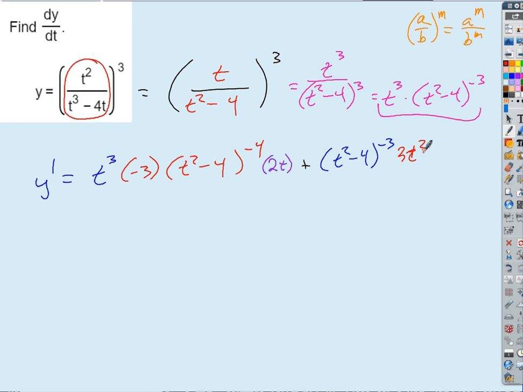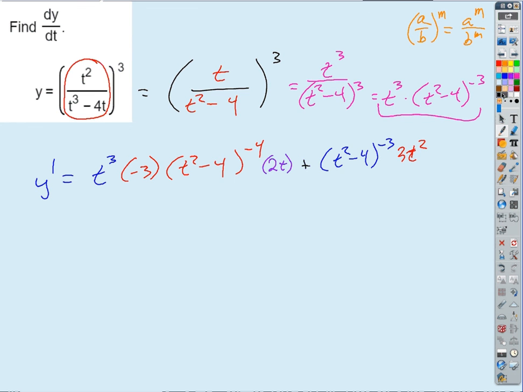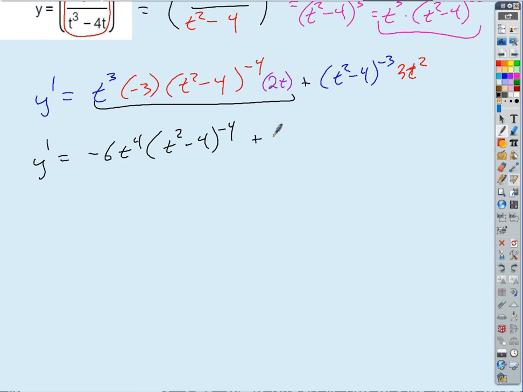See, that's not horrible, right? And if we just clean that up just a little bit before we factor, what are we gonna get from this first term? Negative 6t to the 4th, right, times t squared minus 4 to the negative 4, plus 3t squared times t squared minus 4 to the negative 3.